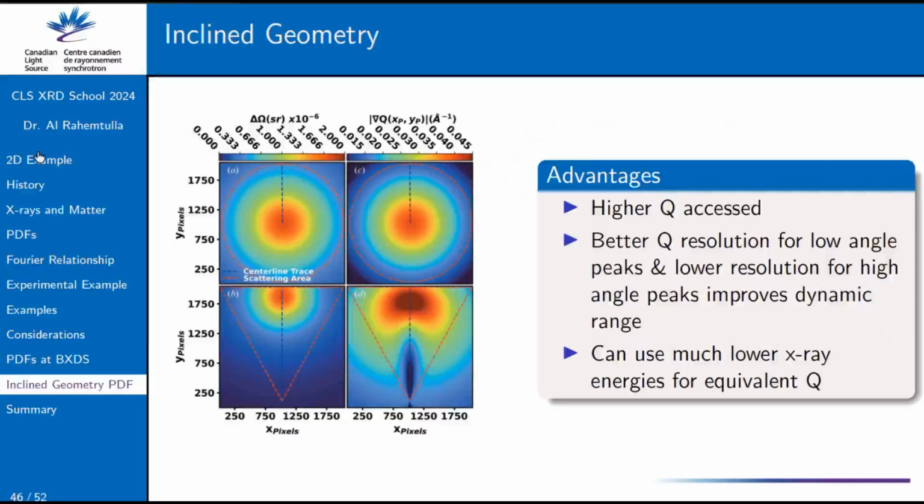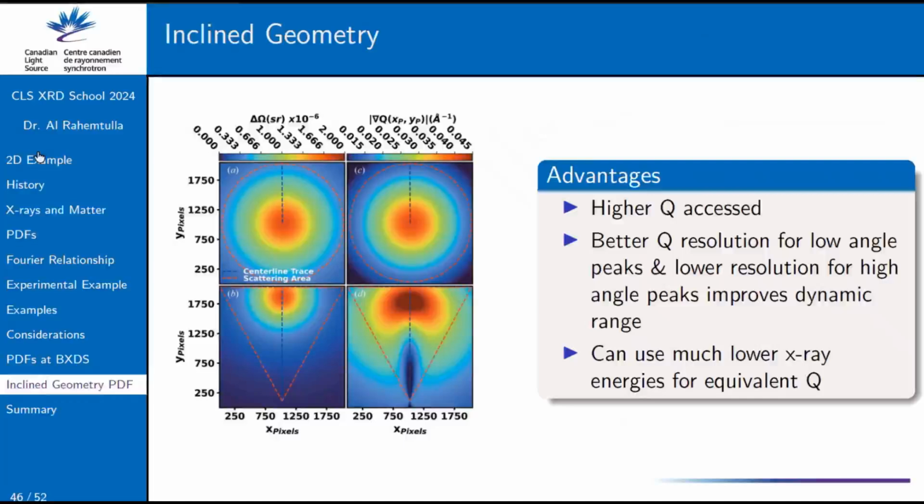So you're almost for free getting some of the benefits of a large sample detector distance at low angles. And then as you get to higher angles, that angular acceptance goes down, but usually that's where your signal gets weak and you want to get as much signal as possible. So you find yourself getting the best of both worlds.